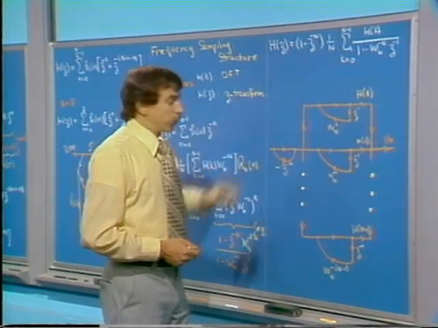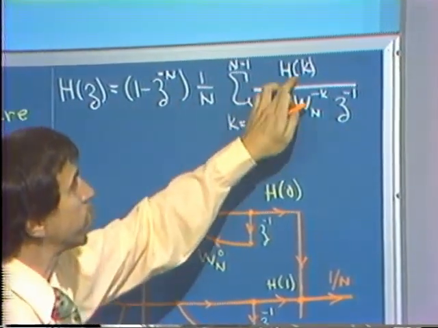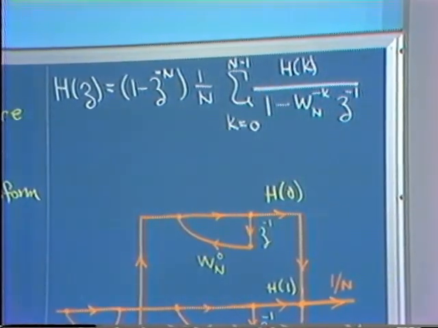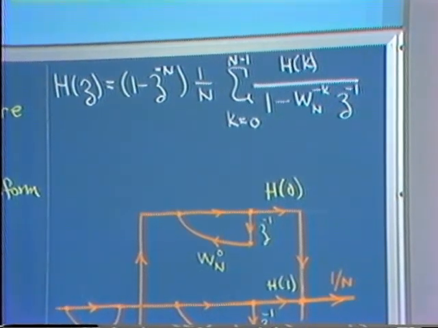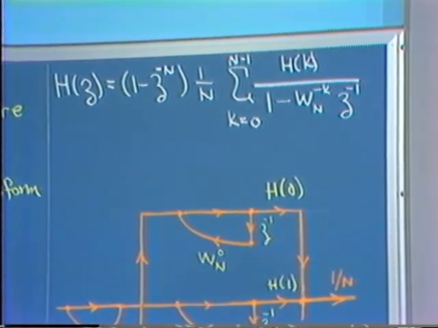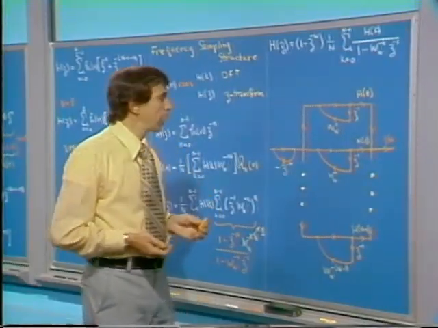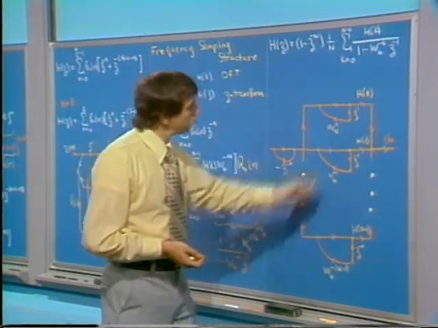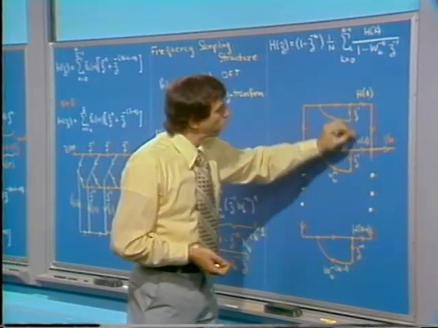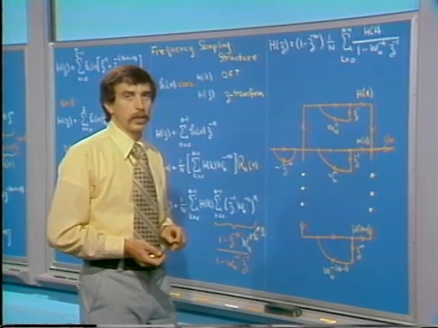In this system function, this piece and this piece, except for the h of k's, are tied only to the fact that the unit sample response of the system is of length capital N. So if I implement a large number of systems whose impulse response is of length capital N, the system will look identical from the input up to the point where I do the multiplication by the frequency samples.